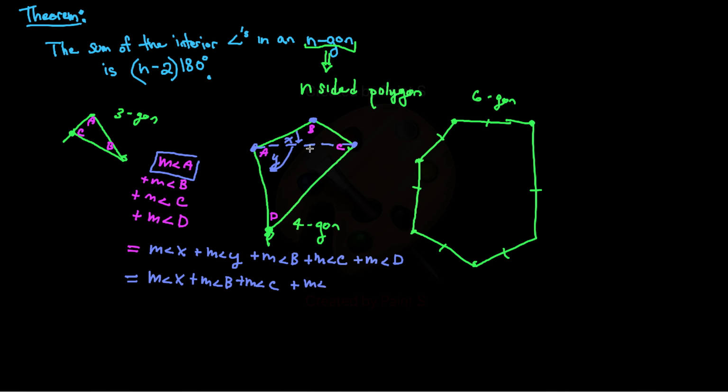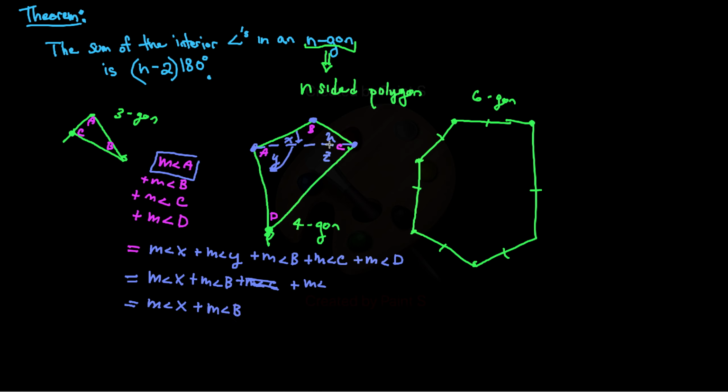And also, I messed up, because what else do I have to split up? C also got divided. So let me take the time to rewrite C. Instead of writing measure of C, I could write measure of angle X plus measure of angle B at the top over there.